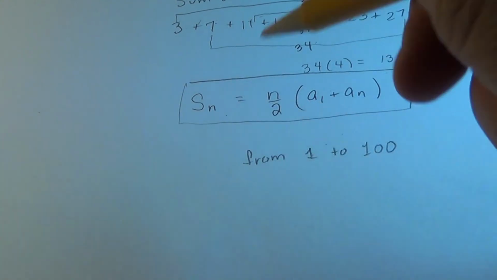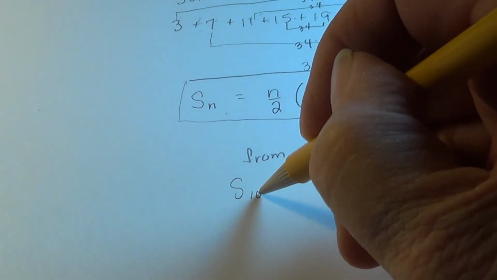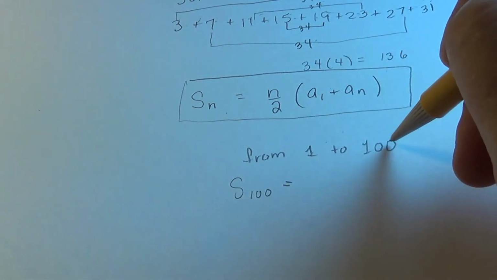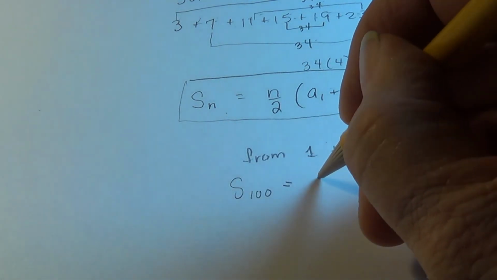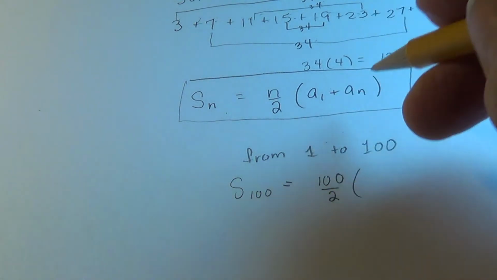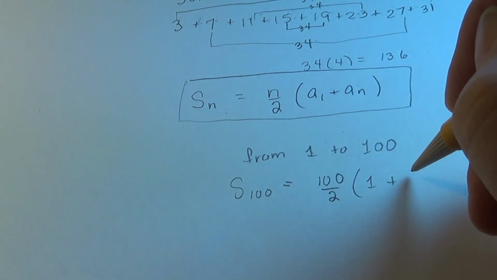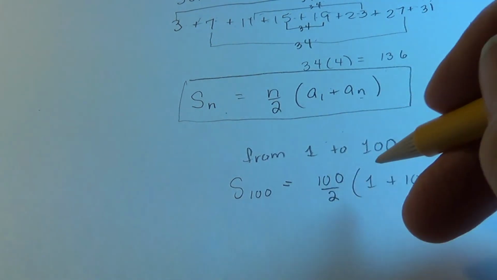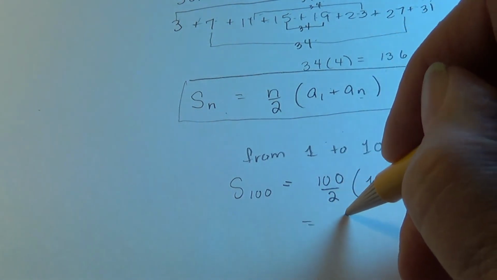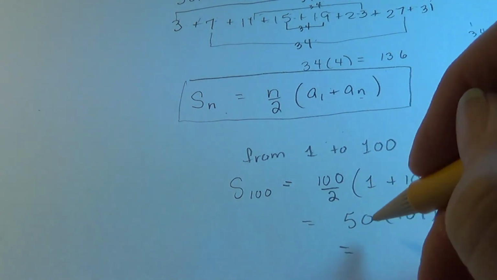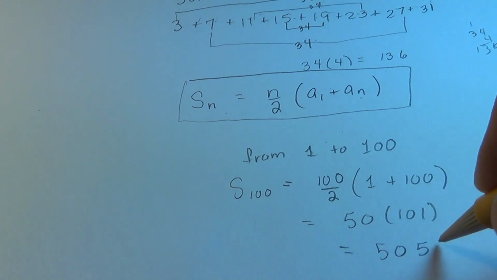According to this, the sum of the first 100 numbers is going to be, we're going to pair them off, so we take 100 and divide it by 2, times the first number 1 plus the last number 100. So I followed this pattern, and I'm going to get 50 times 101, which turns out to be 5,050.